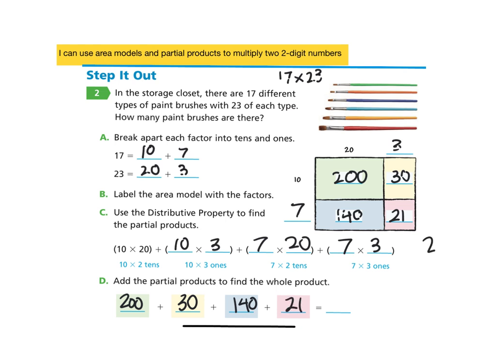And when we put that all together, I like to write them vertically over here so I can stack my place value. Okay, so if we put that all together, we get 391.